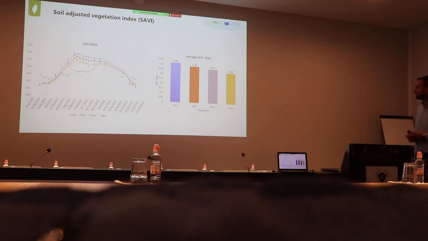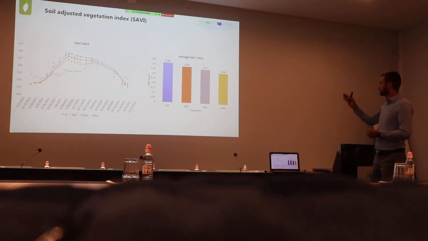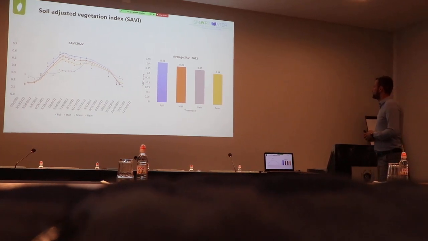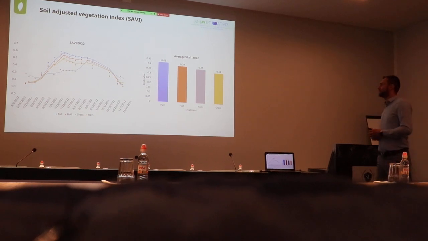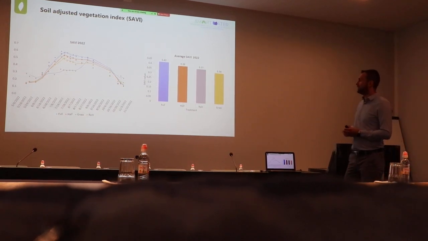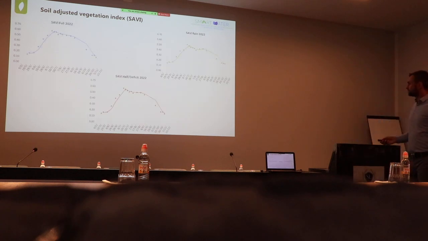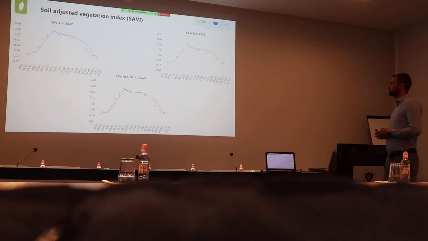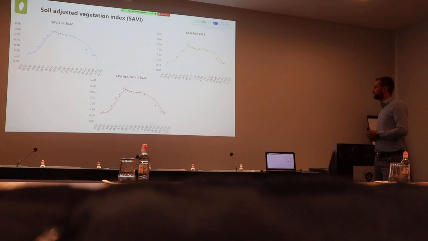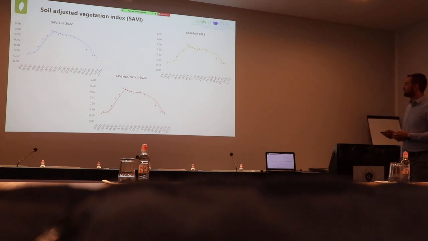The higher values are, of course, for the plots with full irrigation, and lower and lower down to the grass. The other figure shows the curved lines from the beginning of vegetation until the end for each treatment for the SAVI index.